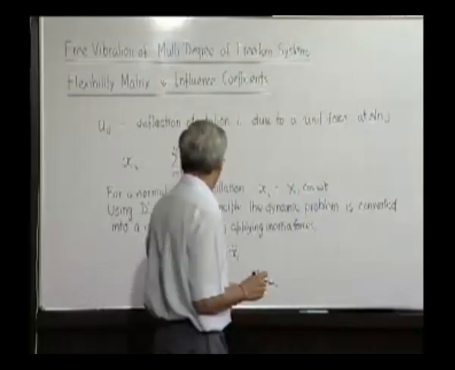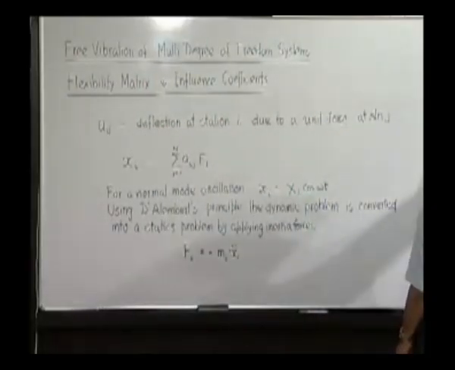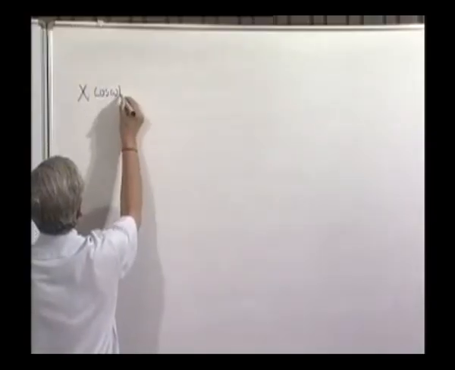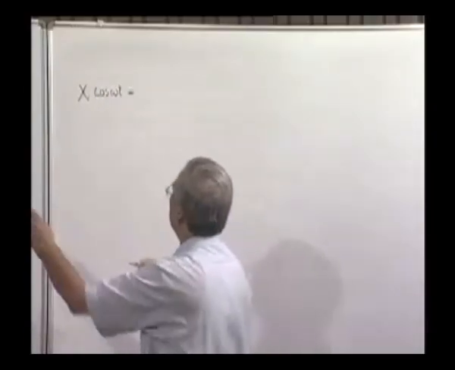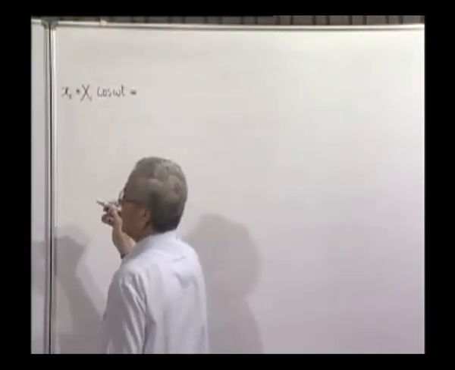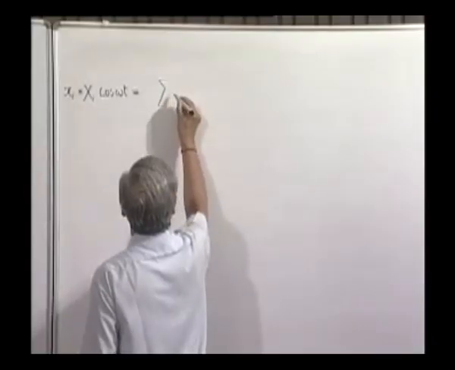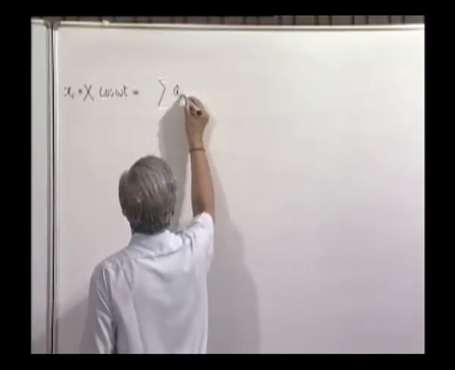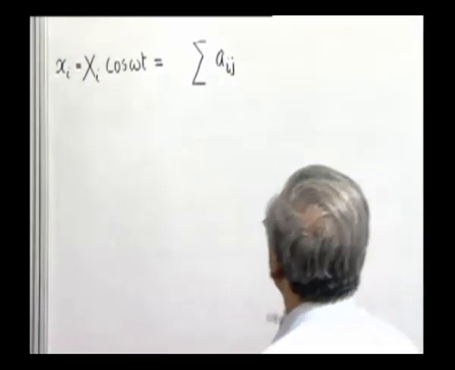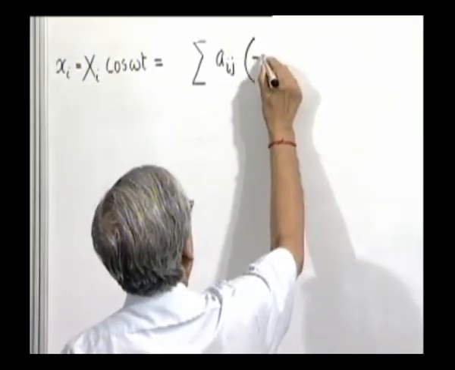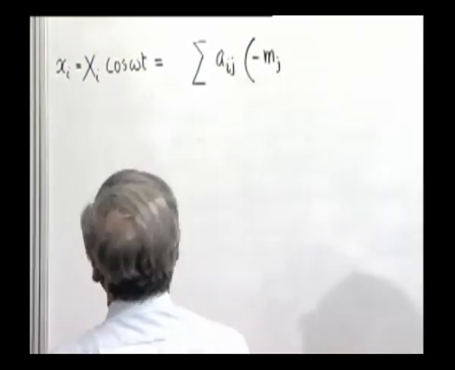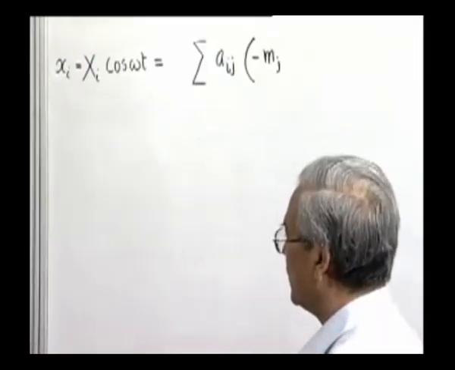So, thus displacement, which is Xi cosine omega t, will be the sum total of Aij fj. Now, fj will be minus mj into xj double dot. How much is xj double dot?